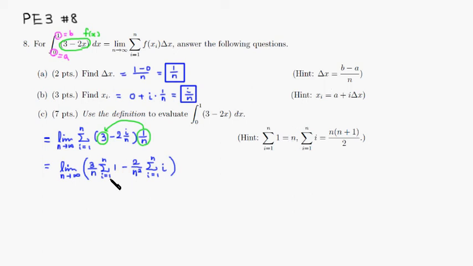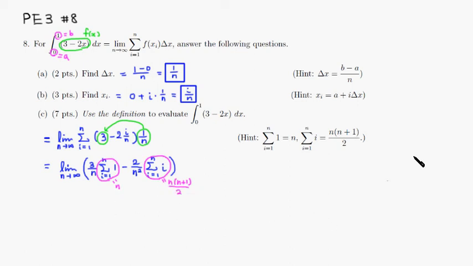So this guy right here is equal to n, and this guy right here also has a formula. It's n times the quantity n plus 1, over 2.